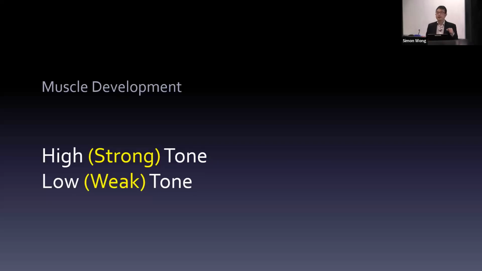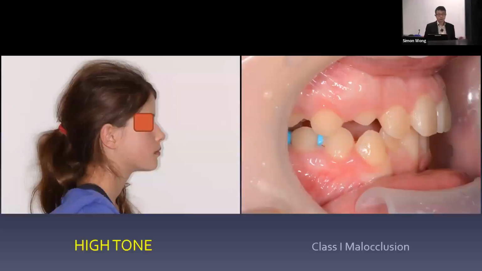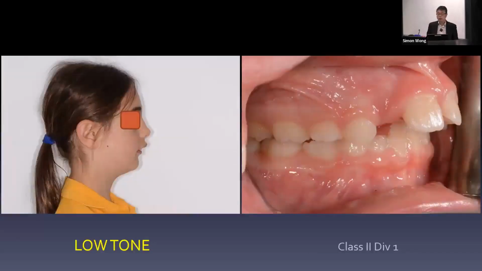We know that this is intertwined with high tone and low tone children. High tone children present as class 1. Low tone children usually present as division 1 malocclusions, class 2 division 1.